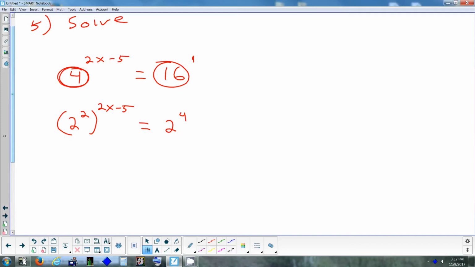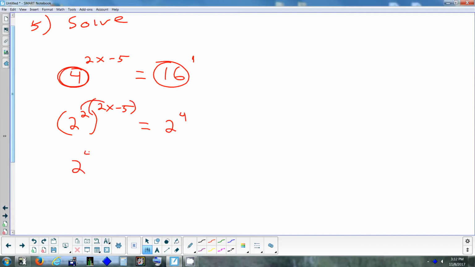Now, on the left, you have a power raised to another power. What do you do when you have a power to a power? What do you do with the 2 powers? Don't you have to distribute? Yeah, you multiply them. And because it's a little more complicated expression, you do end up having to distribute.